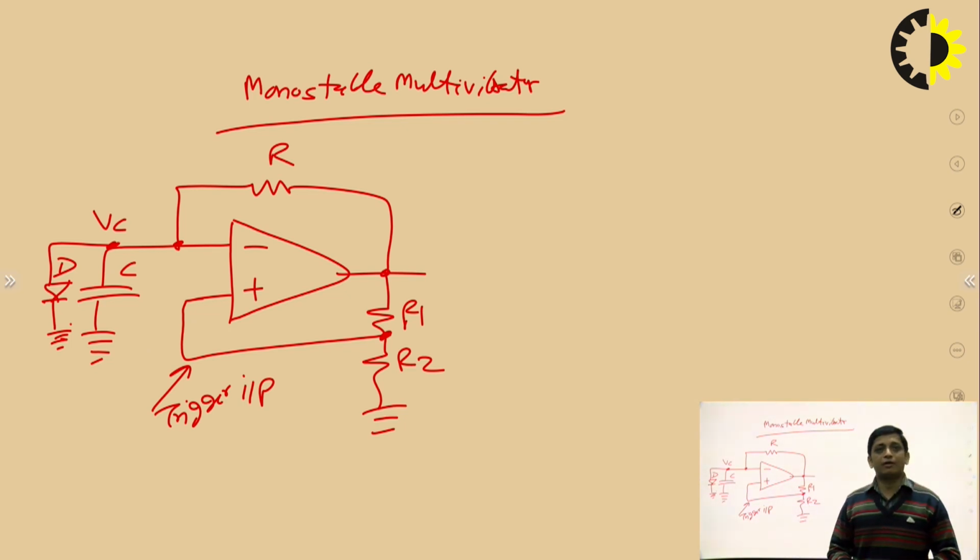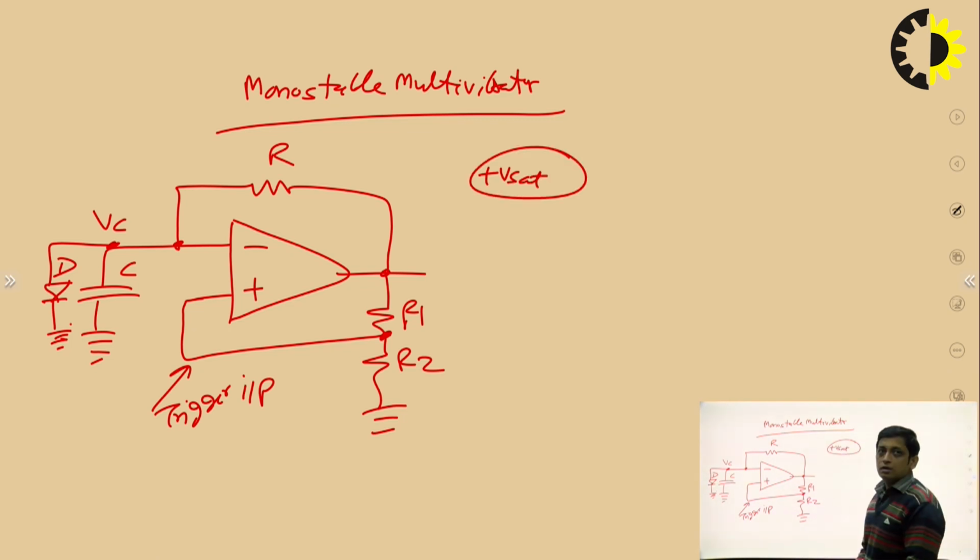In a monostable multivibrator, one state is stable. It may be logic 0, it may be logic 1. For example, let's say the logic 1 state is stable. That means the logic 1 state, plus Vsat, is stable. So the output of the monostable multivibrator will remain at logic 1, that is plus Vsat.